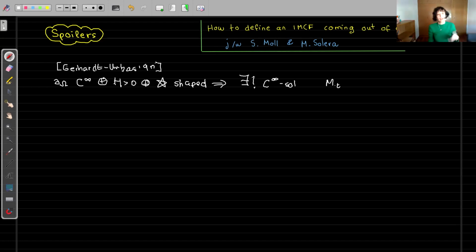Then if it's the usual flow that is expanding all the time, the volume is increasing and will go out to infinity. So you really need to multiply by some factor e to the minus t over n minus 1, so that the solution exists as t goes to infinity, converging to some kind of a round sphere.